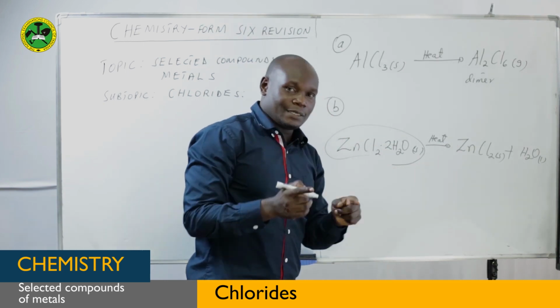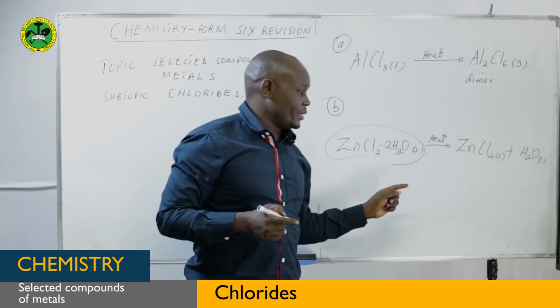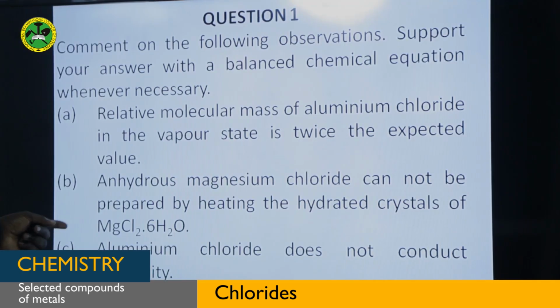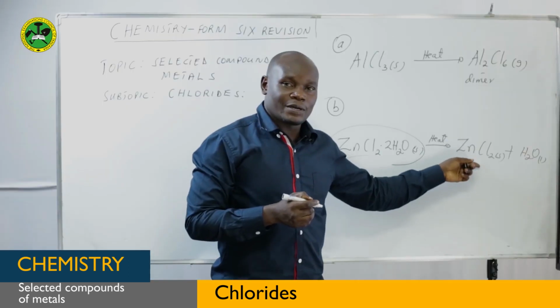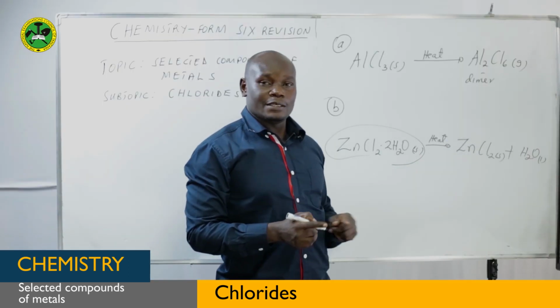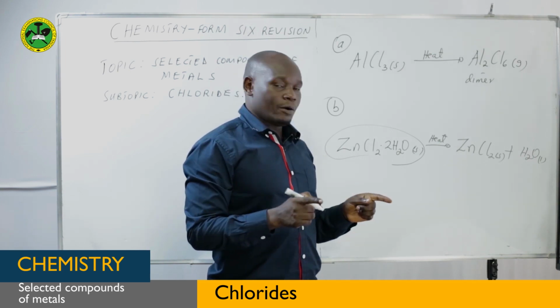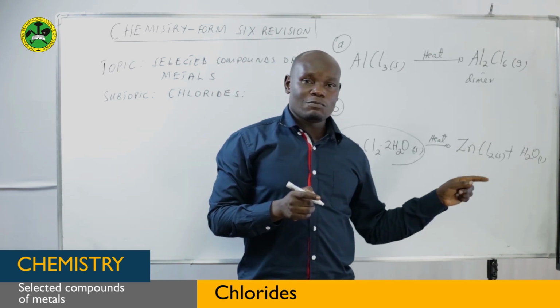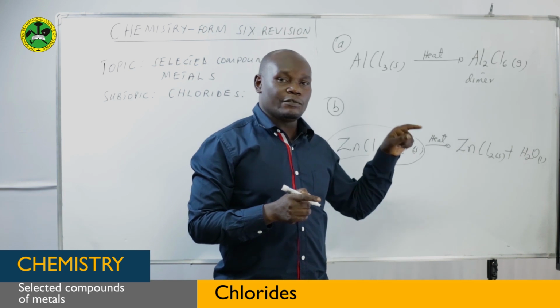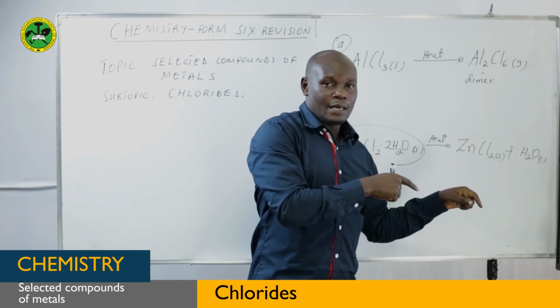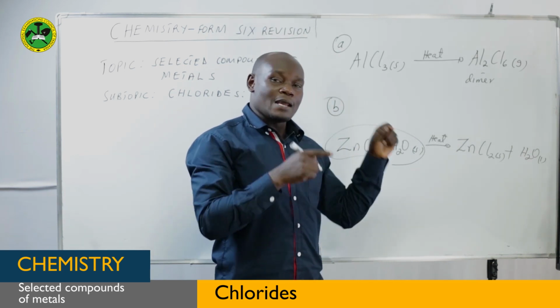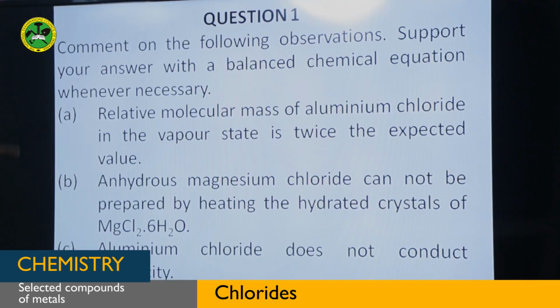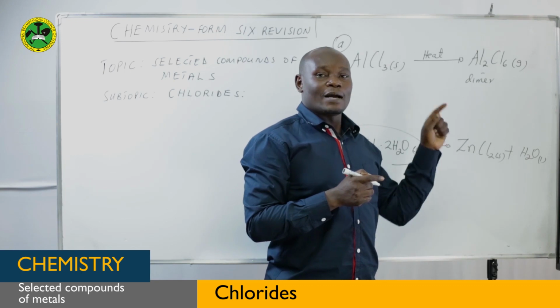So we are now asked the same question about what happens in the case of hydrated magnesium chloride. Will it give anhydrous magnesium chloride? The answer is no. You remember we said that when magnesium chloride is in its hydrated form and is heated, instead of releasing anhydrous magnesium chloride, it releases the basic chloride of magnesium.